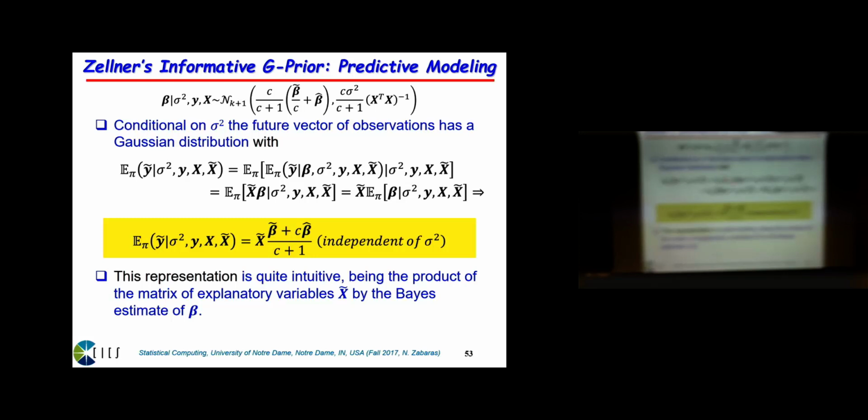Because if I know beta, then the expectation of Y curl is X curl times beta for my likelihood model. Then you need these new inputs times the expectation of beta given that, and I already showed you the result before. It was this nice formula.